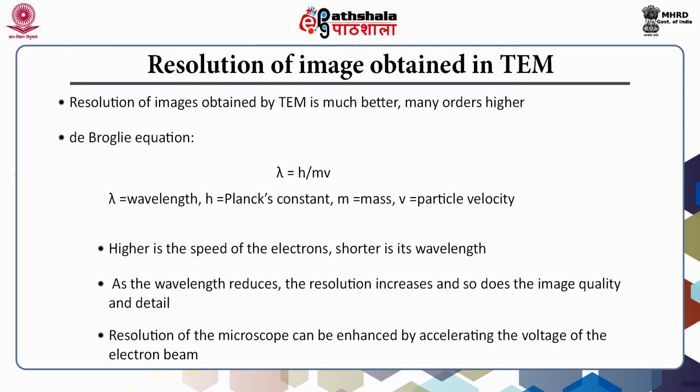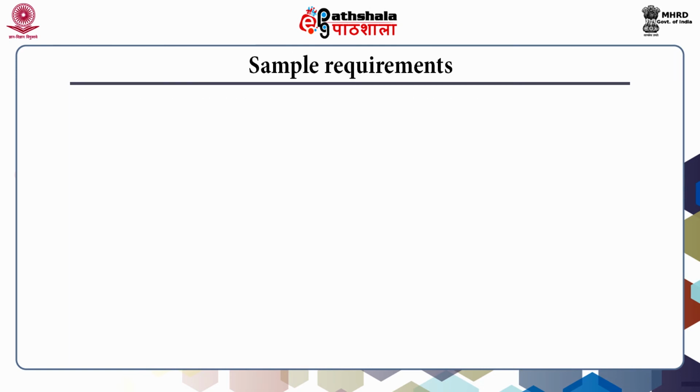Transmission electron microscopy can reveal finest details of the internal structure, such as the ultrastructure of organelles, viruses and macromolecules. Some of the essential requirements of the sample that is to be analyzed by transmission electron microscopy are shown here.